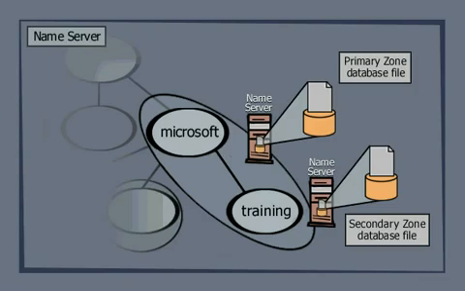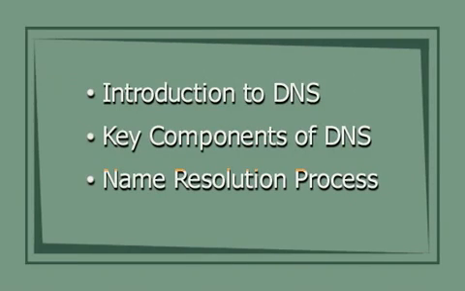The secondary zone database files are updated regularly from the primary zone database file by a process called zone transfer. Therefore, either server can answer name resolution queries for that zone. The next section describes how name servers resolve or map user-friendly names to numerical IP addresses.